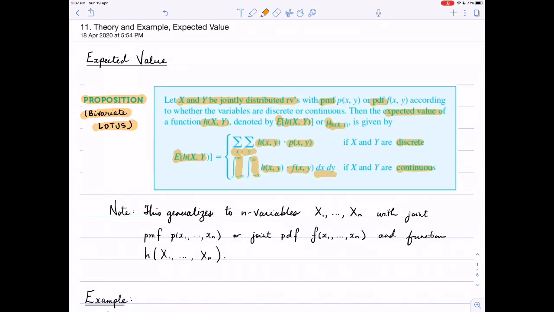So it is the complete analog of the single variable case, and this theorem also generalizes to n variables, X1 through Xn. So you have either a joint PMF or a joint PDF, and the function h becomes h of x1 through xn, and then you need either n summations or n integrals, depending on whether you're in the discrete or continuous case.